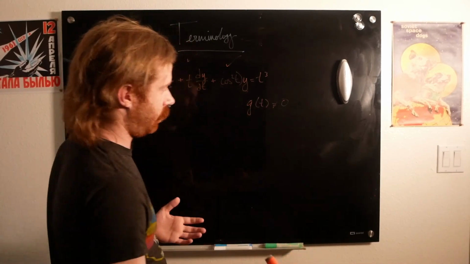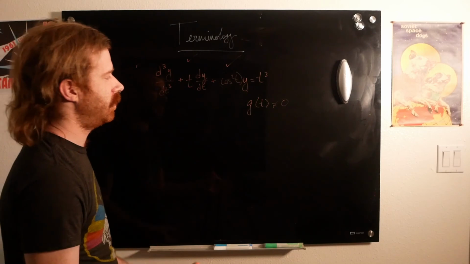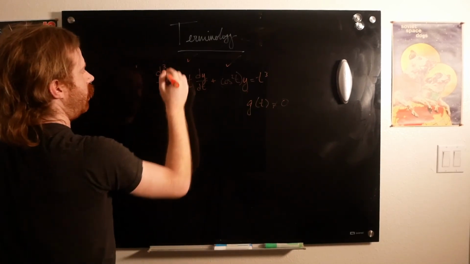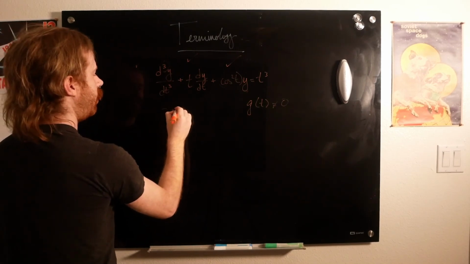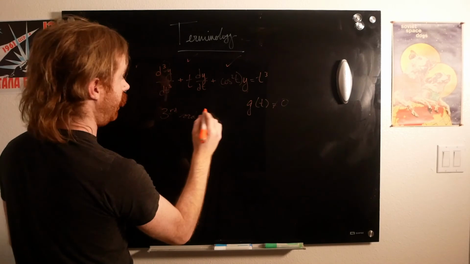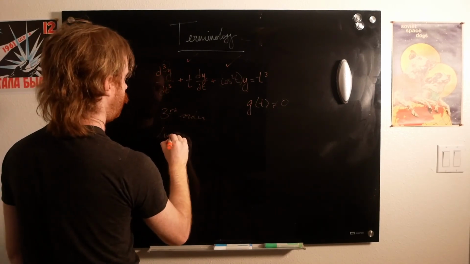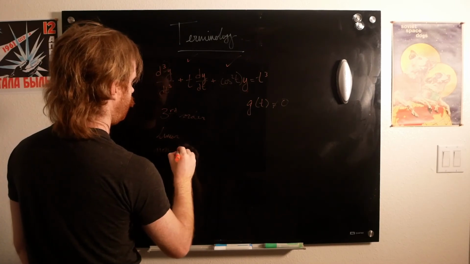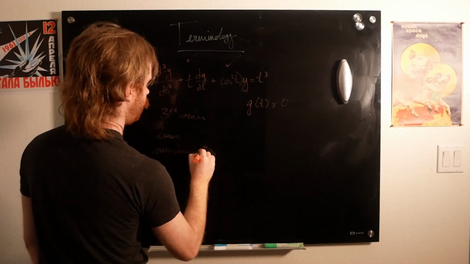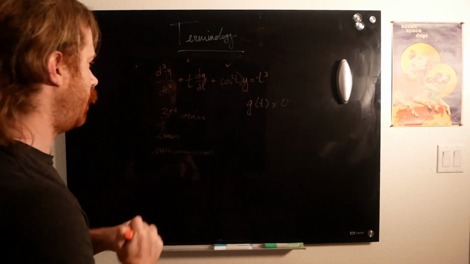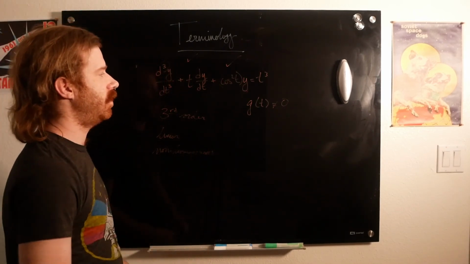If G of t did equal 0, it would be homogeneous, but it doesn't. The highest order is the third order, so we have a third order linear non-homogeneous differential equation.